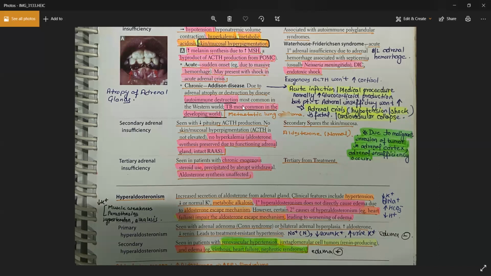They will replace the normal parenchyma with tumor parenchyma, and you will have adrenal insufficiency again. It could be a primary type, in which you have a high ACTH. So that's about adrenal insufficiency and its types.